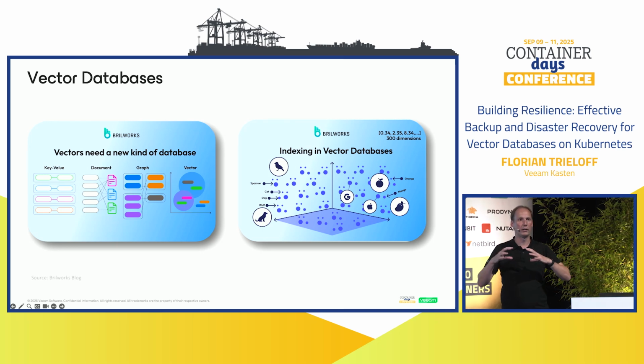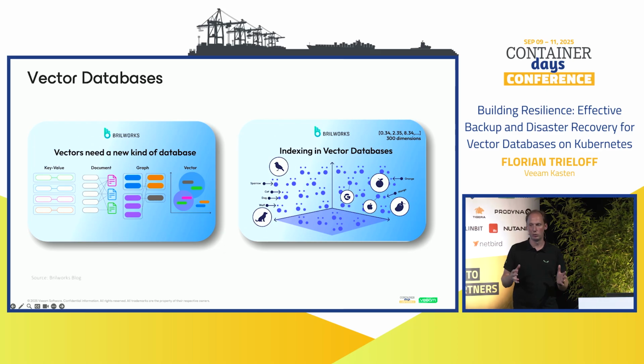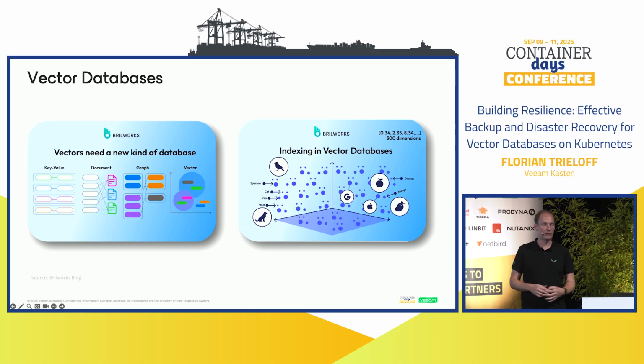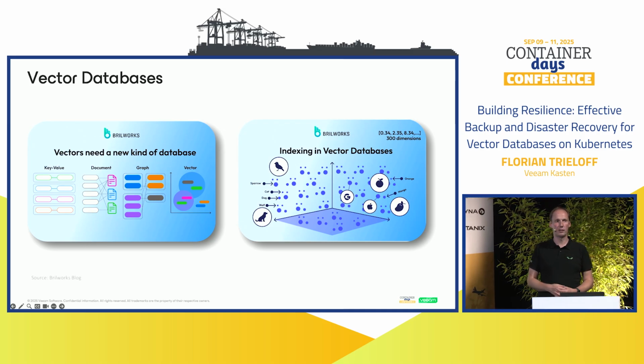Now this will all come into one database, and not just, as earlier, a key-value store, and also not just the document library where you have just some links and some data, not just a graph, but this will all be brought together in a vector database.